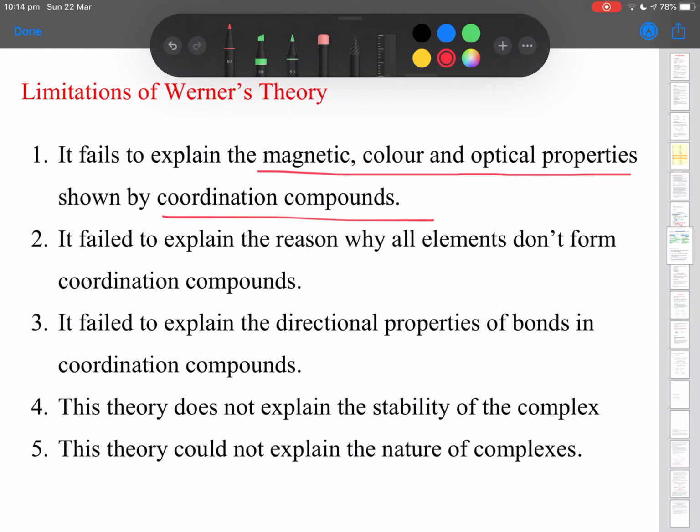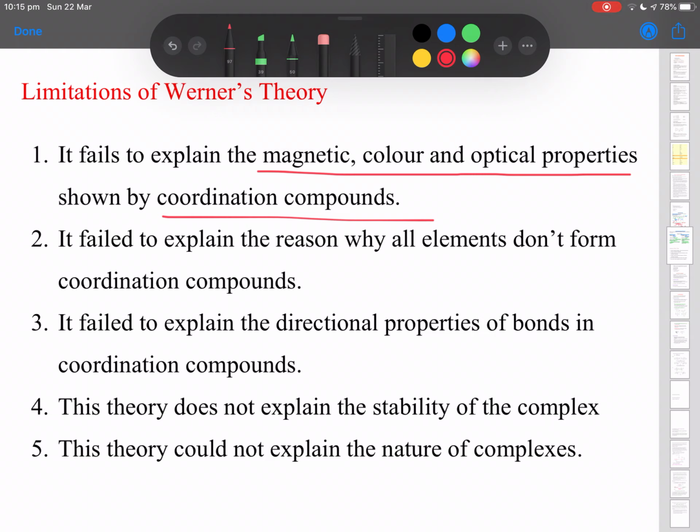Likewise, he could not talk about the color, and we all know from the d block that all transition elements exhibit color because they possess unpaired electrons and they undergo d-d transitions. But he could not talk about that, which is the saddest part of his theory.